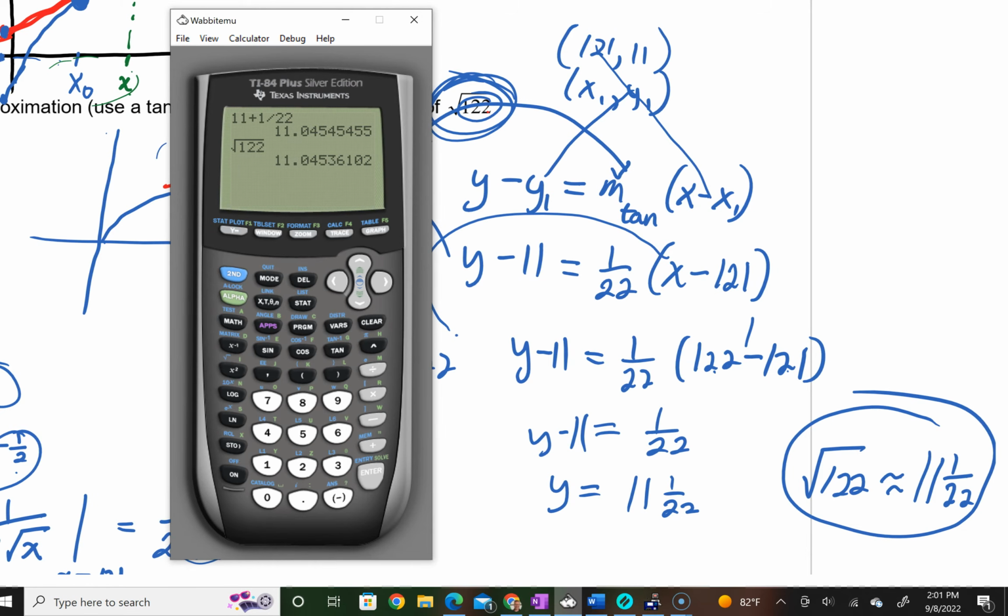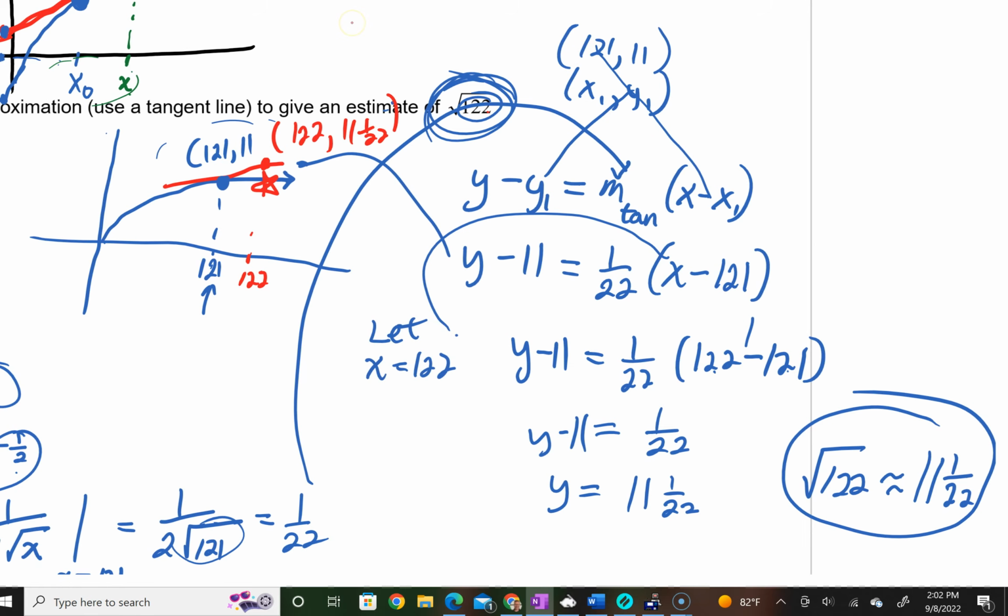But let's be honest, if I wanted to know what the square root of 122 is, I think everybody would just type that into their TI-84 very quickly, and you're getting the real value of the function. You're not even getting an estimate. So it begs the question, is this method that we're doing of any worth? Is it of any value? And the answer, of course, is yes.